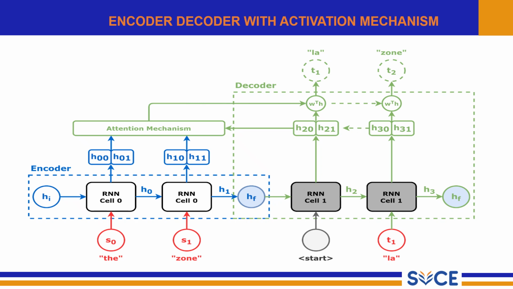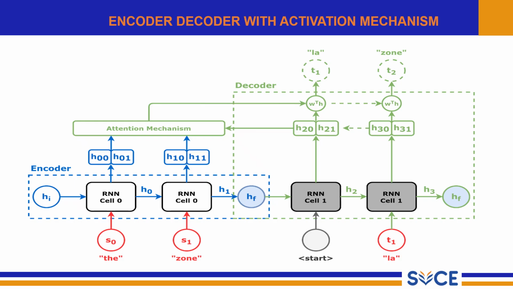So the attention mechanism in the middle, instead of passing just one final vector to the decoder, we can use an attention mechanism here. This allows the model to look back at all encoder hidden states and decide which specific parts of the input sequence are most relevant for the current word being generated.